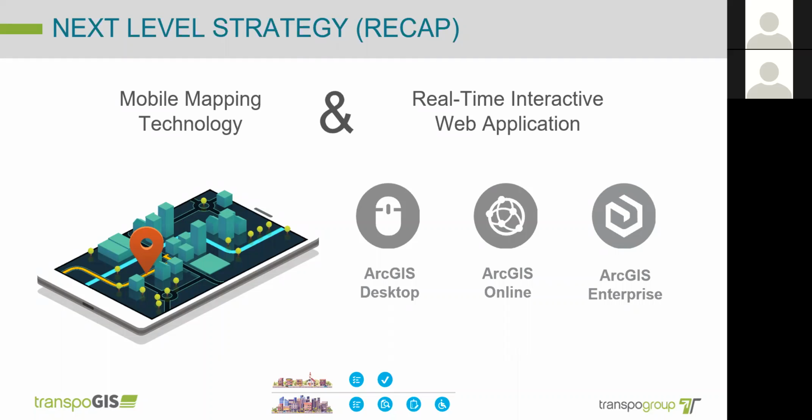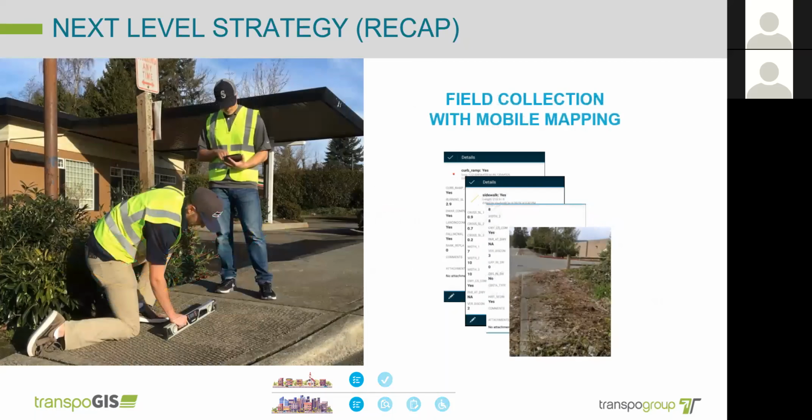So whether it's a web application through ArcGIS Online, ArcGIS Enterprise, through a portal, or even ArcGIS Pro, you can connect to this data and it's live. And that's the direction that we all, I think, know.